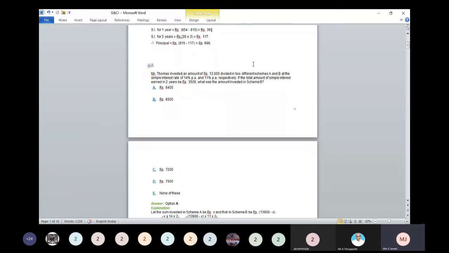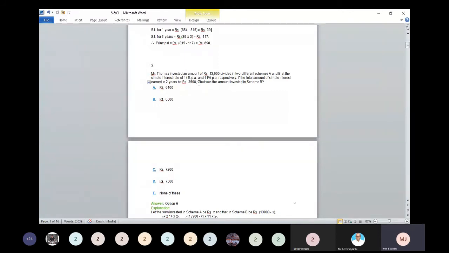For scheme A, the rate of interest is 14%, and for scheme B, the rate of interest is 11%. After 2 years, the time period, you are getting the total amount of simple interest. So this is only simple interest for scheme A and scheme B.